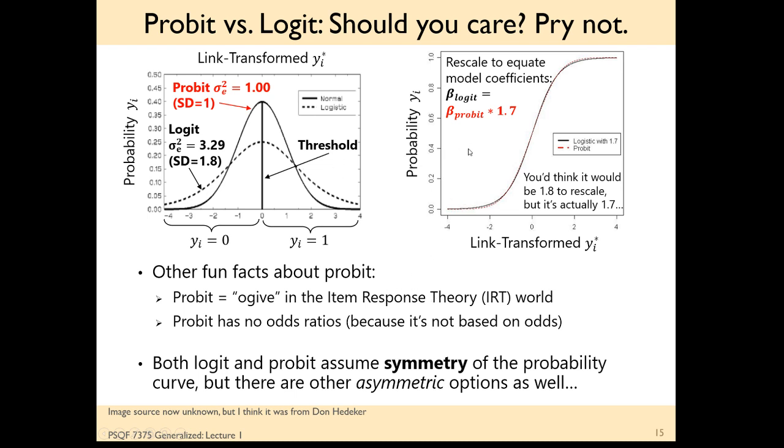So probits then and logits. Why do you need to know both of these? Why did I even do probit if I'm never going to use it? Because when we get to multivariate models like path analysis that has a binary outcome in it, certain links go with certain types of estimators. And if you use what's known as a limited information estimator for binary outcomes, it's the only thing that's available in lavaan and R, for instance.